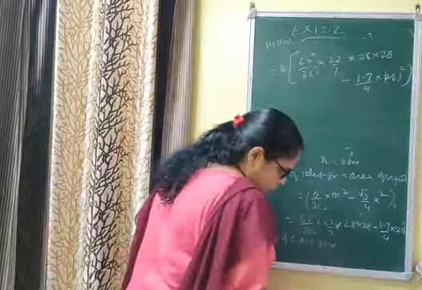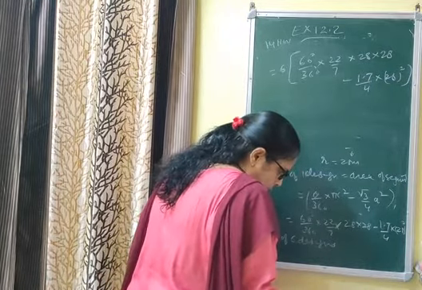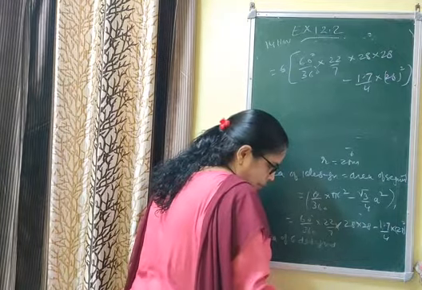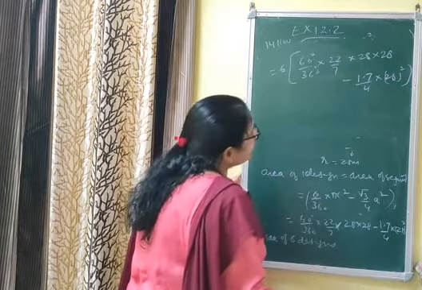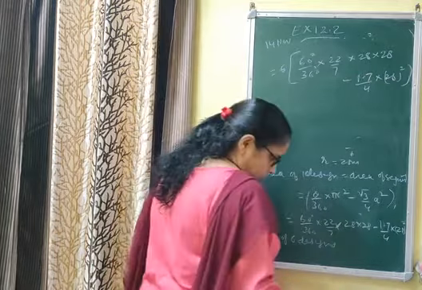Now if you solve this, you will get the value as 6 into 60 by 360, 22/7, 28 into 28 minus √3/4, that means 1.7 into 28 centimeters square.